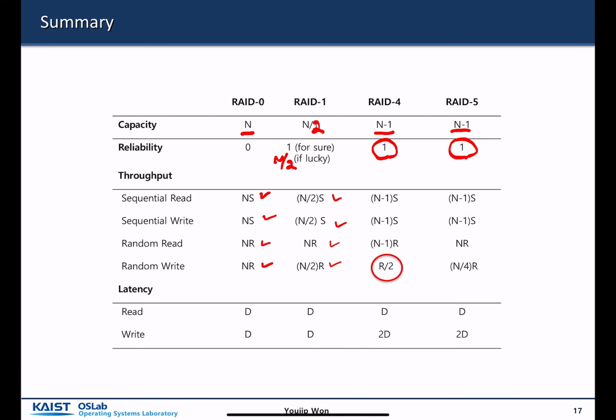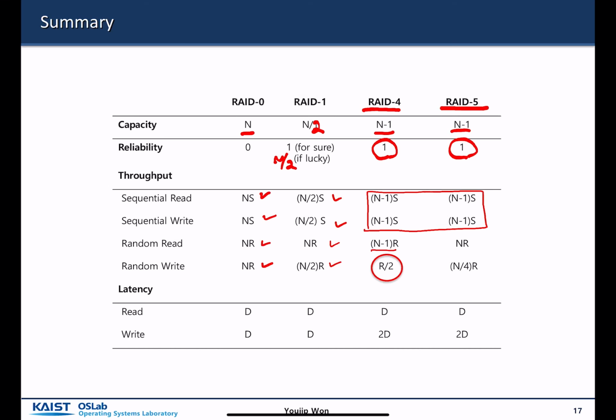And for RAID level 4 and RAID level 5, sequential operation is the same, n minus 1 times S. For random read operation, because only n minus 1 disks contain legitimate data, the performance is going to be n minus 1 times R. On the other hand, for RAID level 5, all disks contain data blocks.